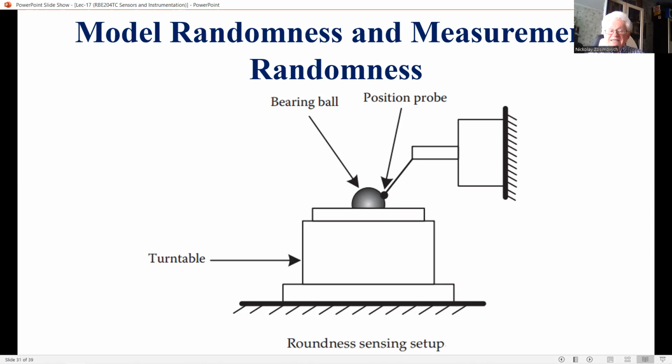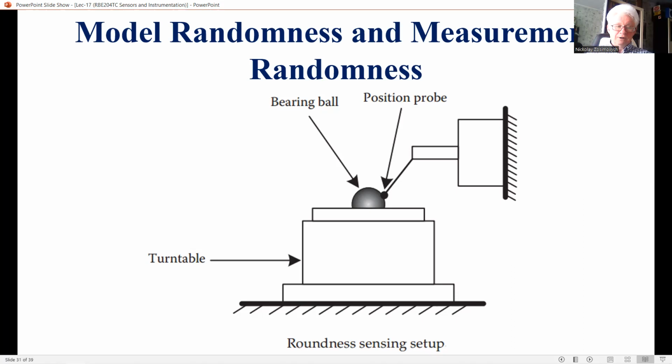For such a sensing system, a typical sensor accuracy is plus minus 25 nanometers, and the typical sensor resolution is only 5 nanometers. In this measurement process, a sample set of balls is chosen randomly, and each ball in the sample that is measured is also chosen randomly in sequence.